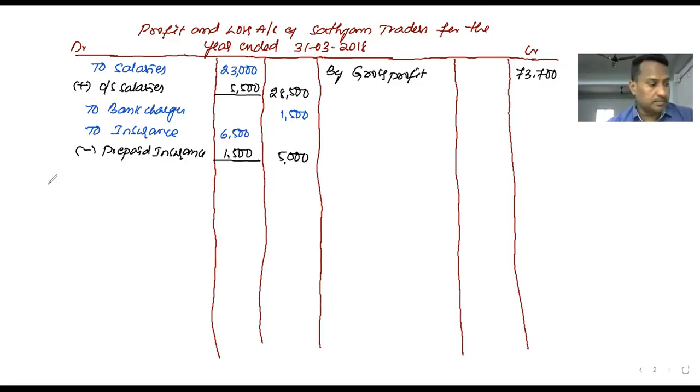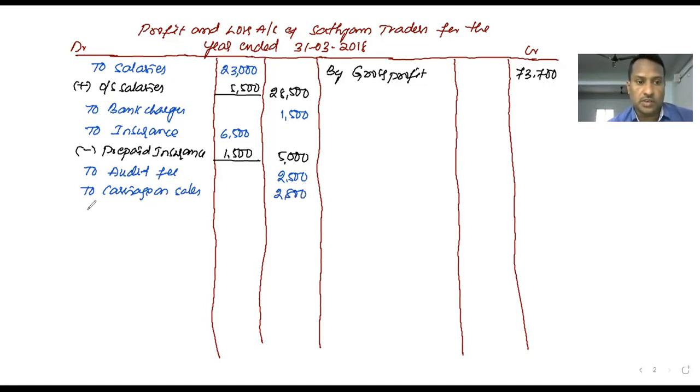The next one is audit fee. The amount of audit fee is 2,500. Next, carriage on sales, 2,800.